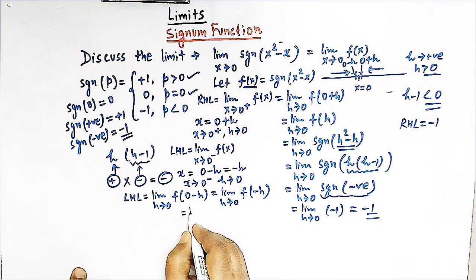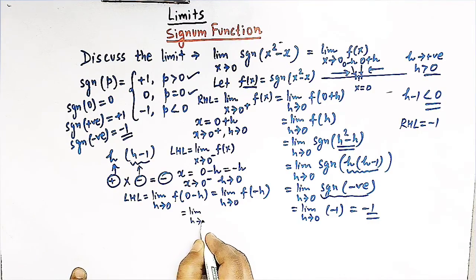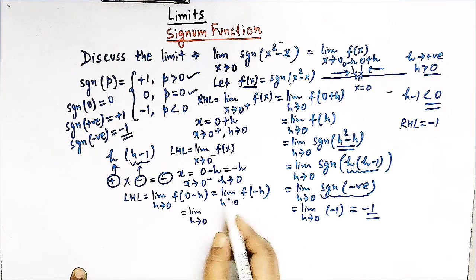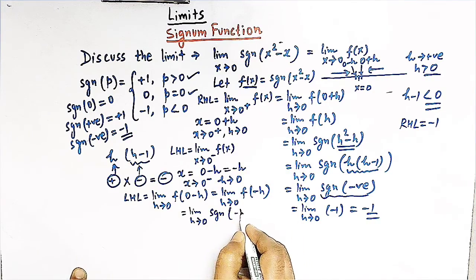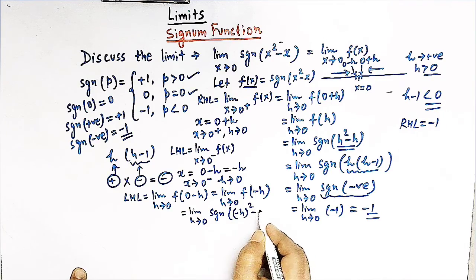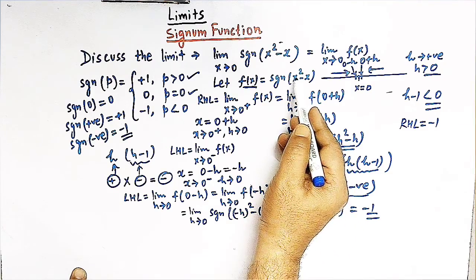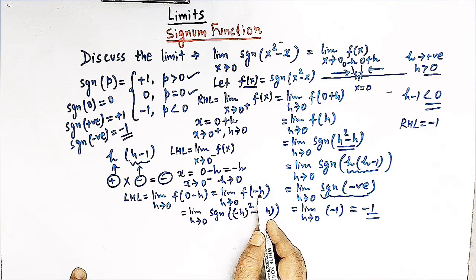So now we can write limit h tends to 0. f of minus h is given by signum of minus h square minus, and here we have minus h, right? So here we take x is equal to minus h.